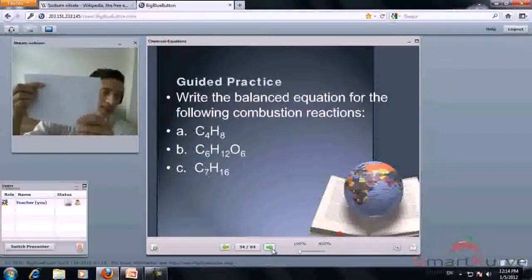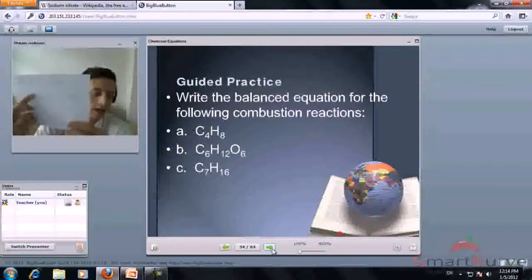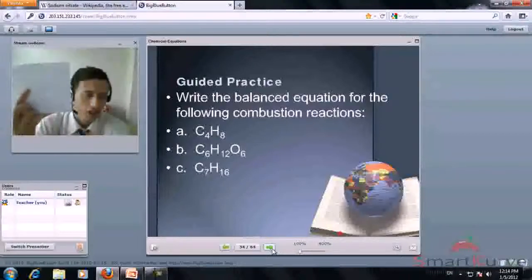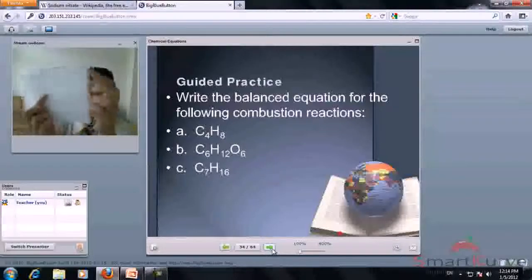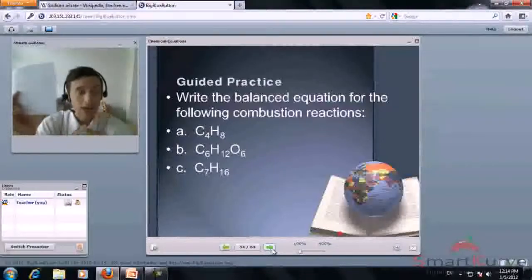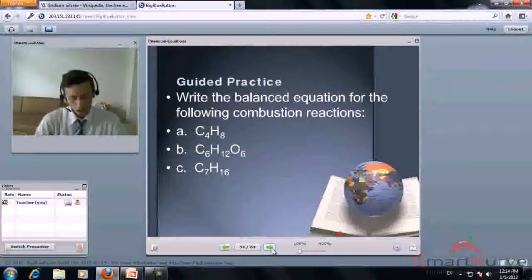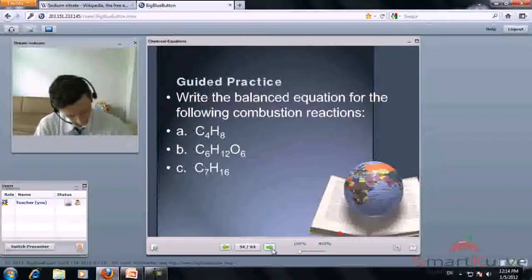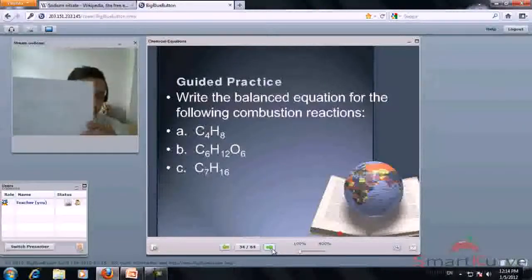Look, we've got 6 atoms here, 2 here, that's a total of 8, 6 here, and 12 here, that's a total of 18. So we have 18 oxygen atoms on the product side and only 8 on the reactant side. The way we can balance this, though, is actually quite simple. We just need another, look at that, another 6.